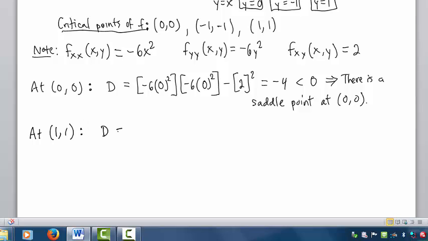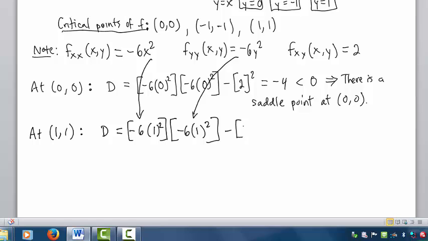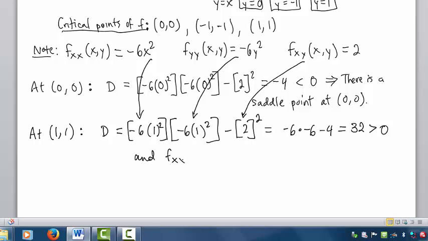At 1, 1, capital D equals we get 32, which is positive. So we look at the second partial of f with respect to x at 1, 1. That is negative. Thus, there is a relative maximum at 1, 1.